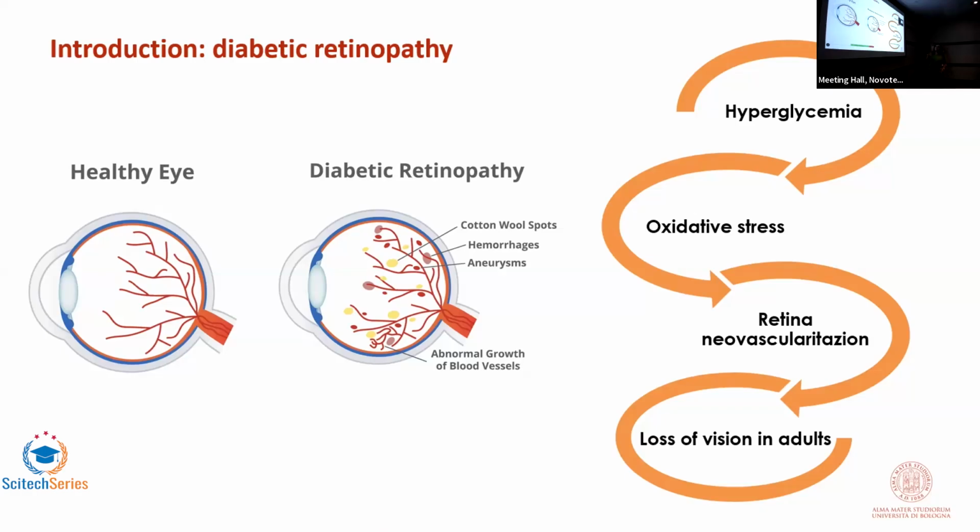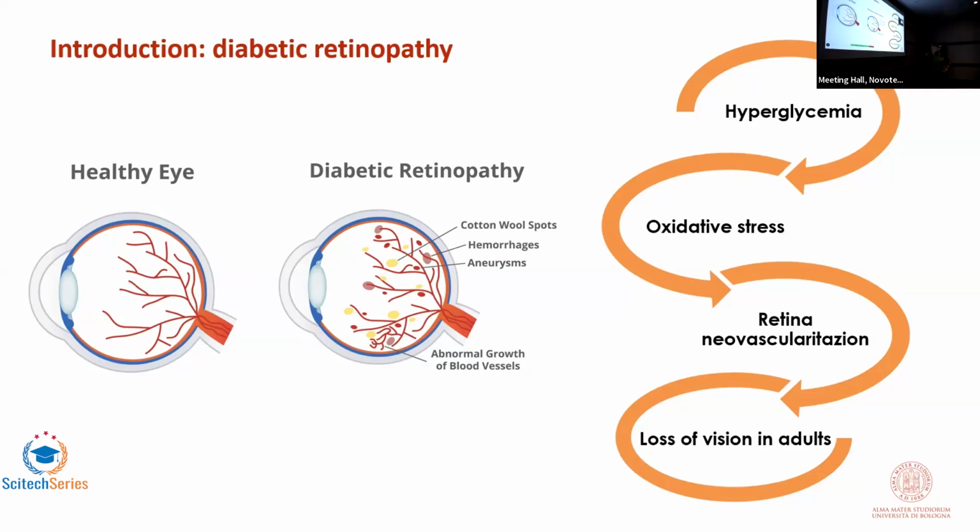Just a little more explanation about diabetic retinopathy, as we already know from the previous talk: hyperglycemia causes oxidative stress, causing retinal neovascularization, and this, together with the aneurysms and hemorrhages, could cause loss of vision in adults.